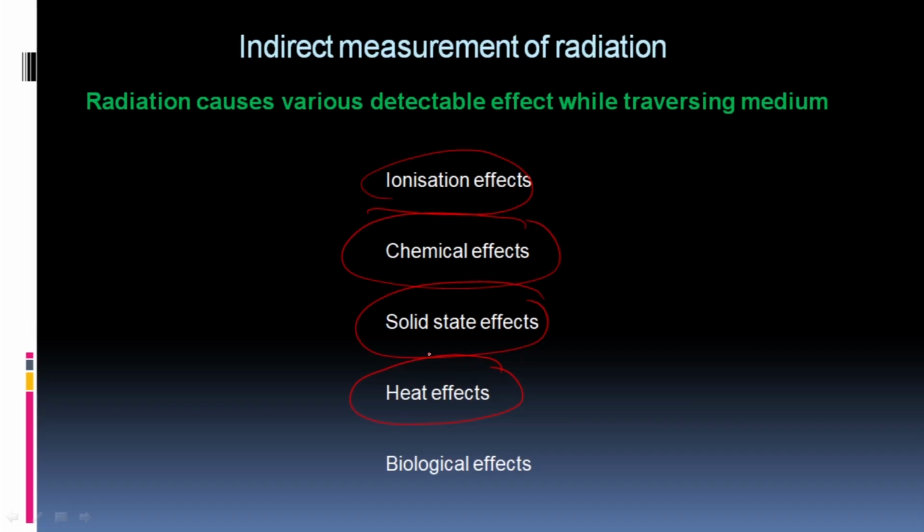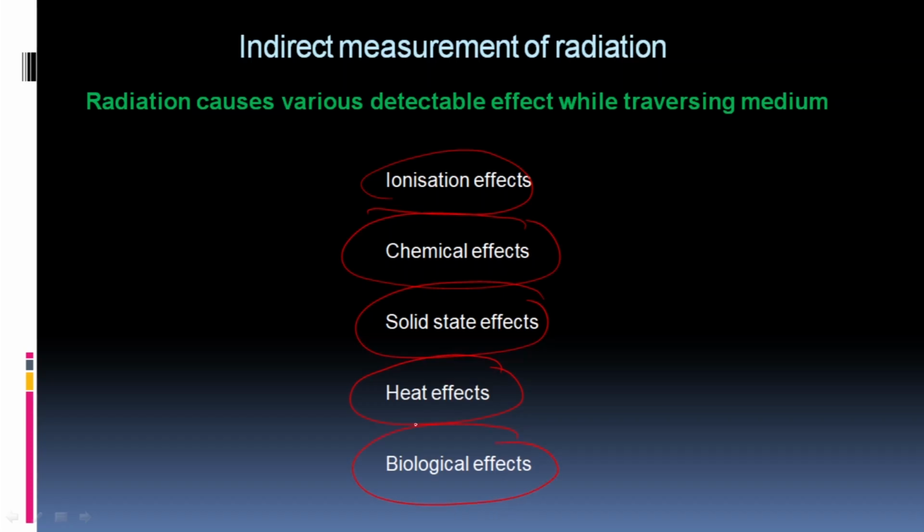If any biological system or any human being is exposed to any unknown radiation, it shows some biological effect such as chromosomal aberrations, and these chromosomal aberrations are detectable in a microscope. Now, if we count the amount of chromosomal aberrations or any other kind of biological effects, we can indirectly measure the amount of radiation exposure.